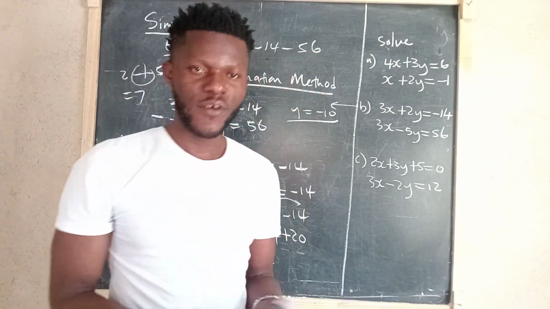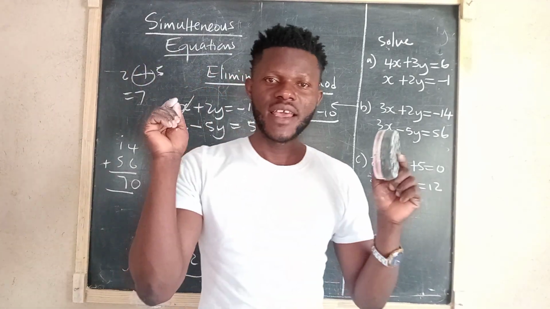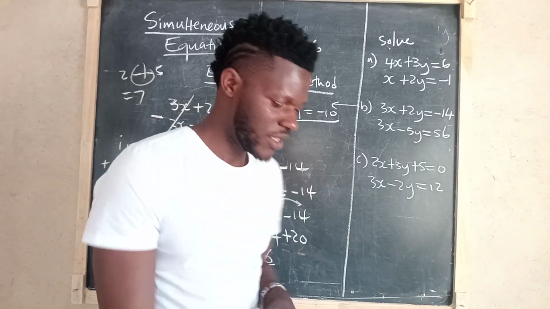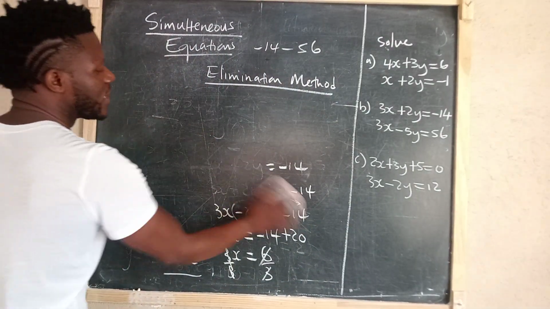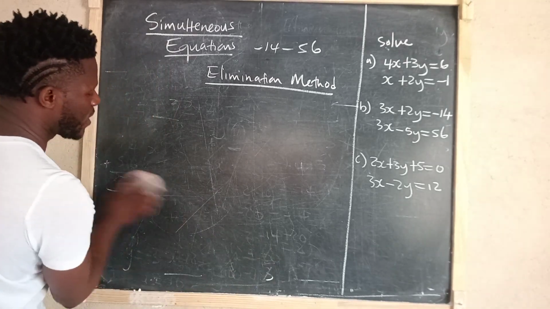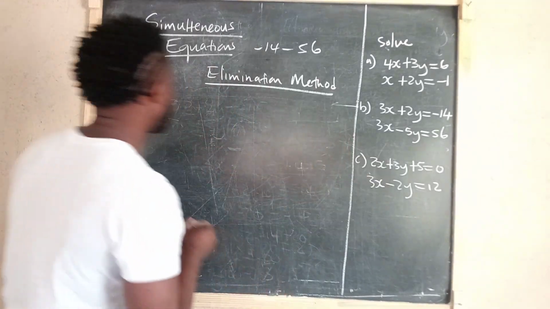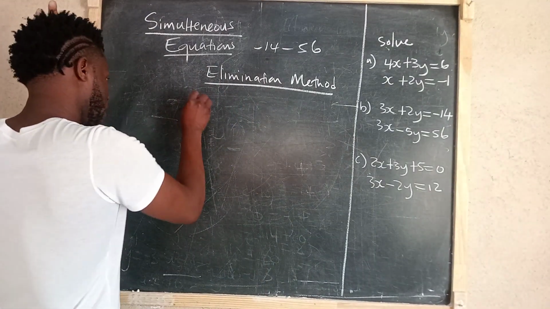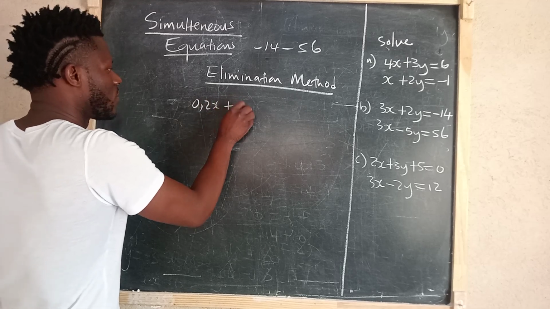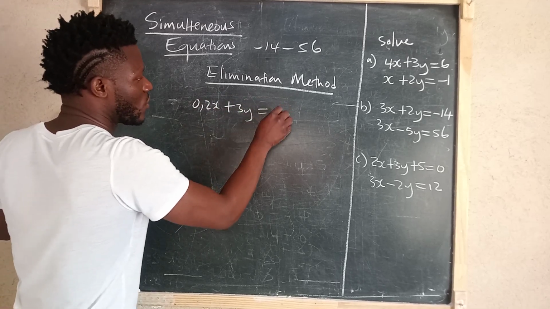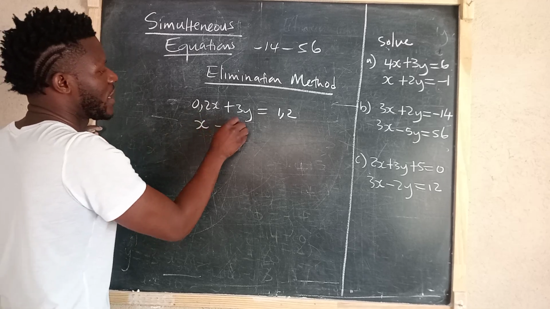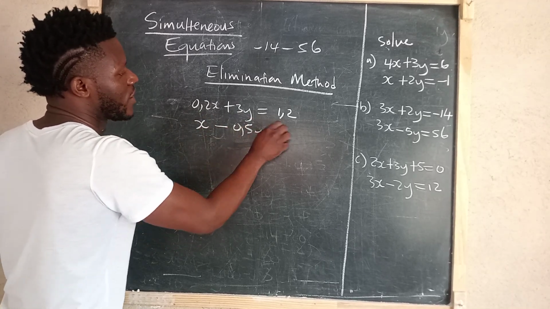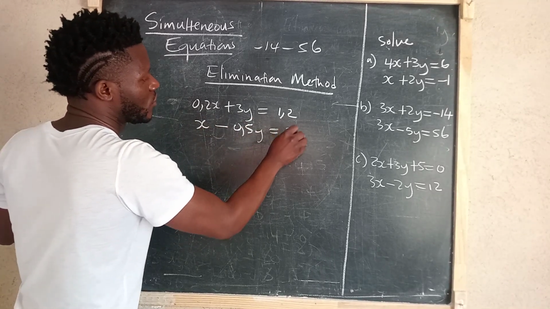If the equation involves fractions, you must multiply every term by the common denominator first to clear fractions. Suppose the equation goes with decimal numbers. Let's say we are asked to solve 0,2x plus 3y is equals to 1,2 and x minus 0,5y is equals to 2,3.